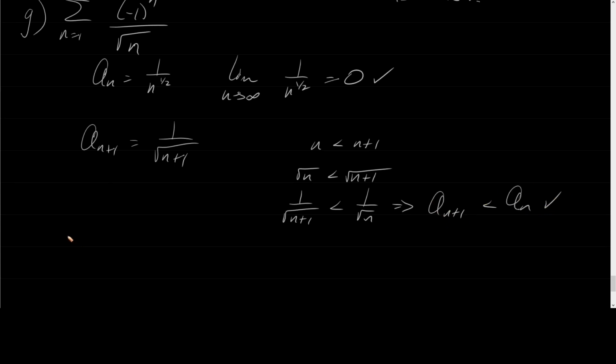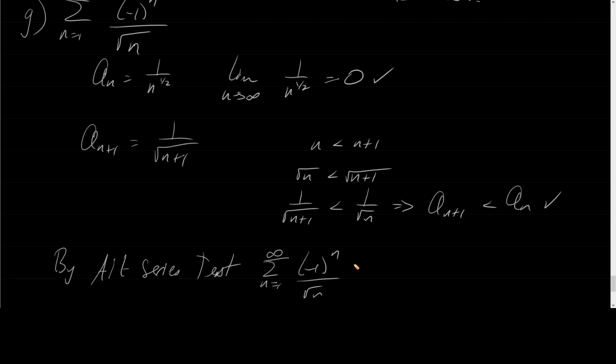Good. So we know now by alternating series test that the series that we cared about, -1 to the n over radical n, is convergent. But the question is, is this absolutely convergent or is it conditionally convergent? All right, so let's figure that out.